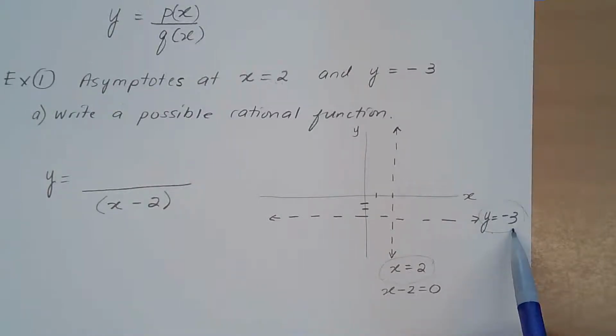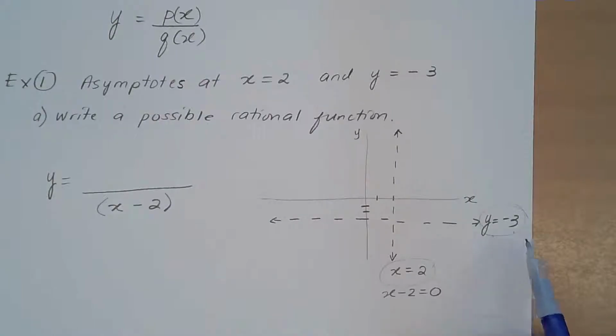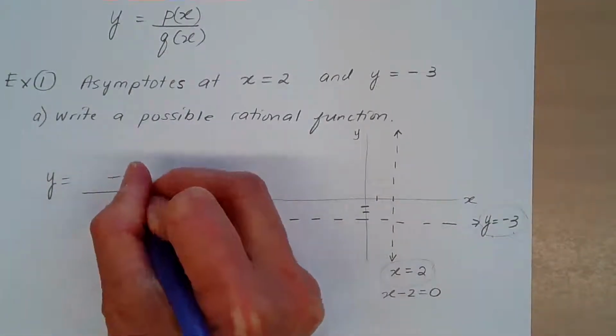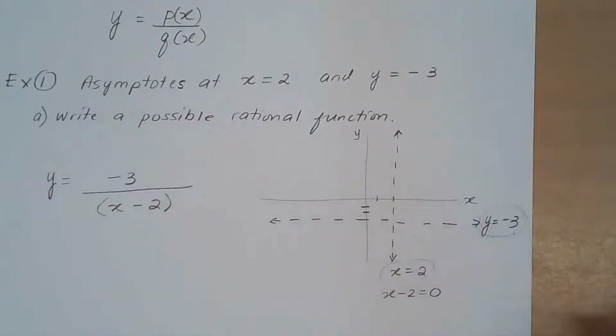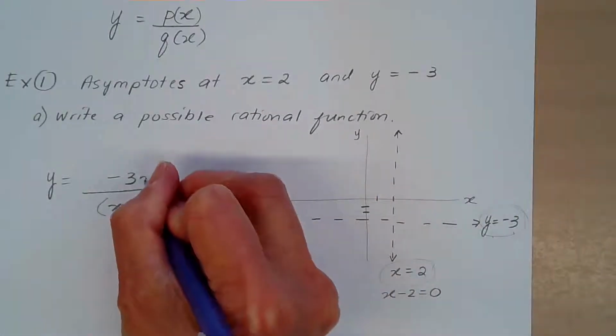Well, you need to have a leading coefficient of negative 3, I think. So you're going to have a negative 3 coefficient where? On the top, the numerator. Negative 3x.